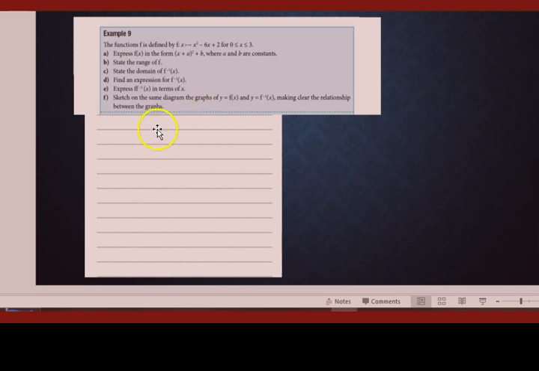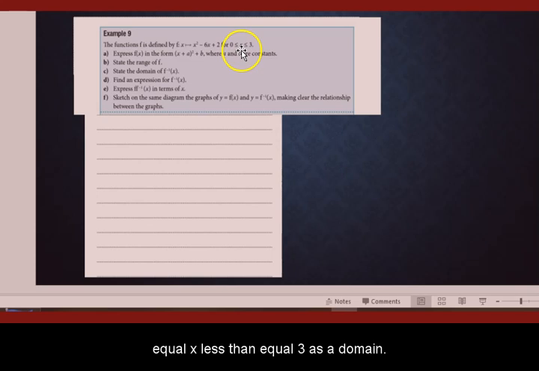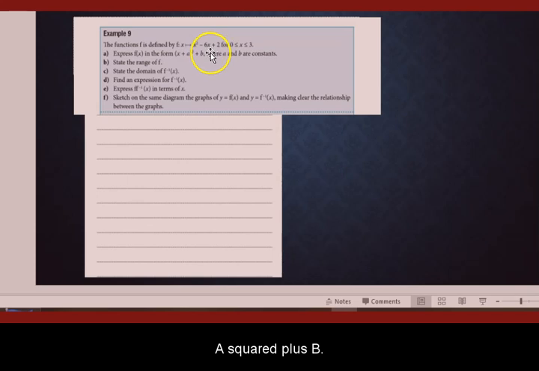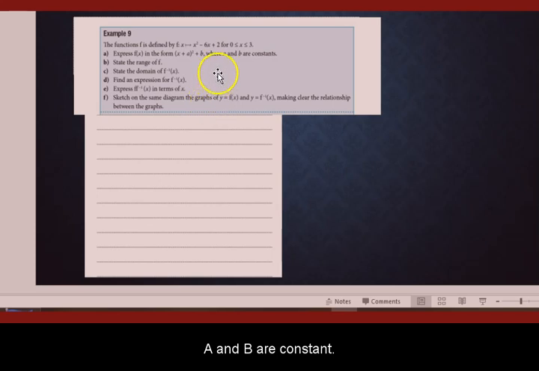Example 9. The function f is defined by f(x) = x squared minus 6x plus 2, with domain 0 less than or equal to x less than or equal to 3. We are supposed to express f of x in the form (x plus a) squared plus b, which can be done by completing the square, where a and b are constants. State the range of f.